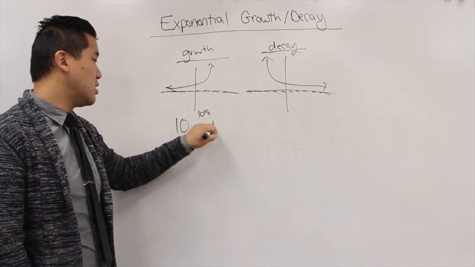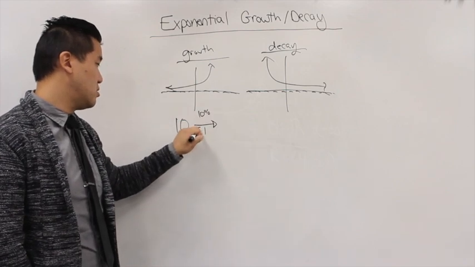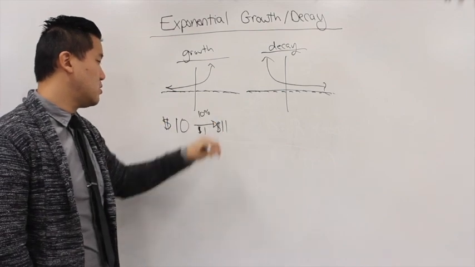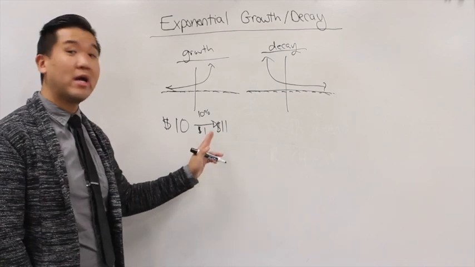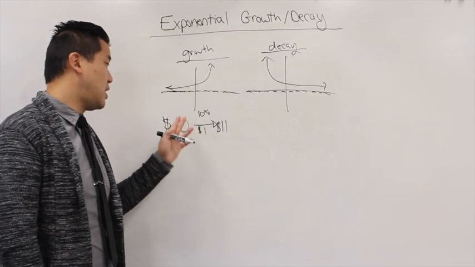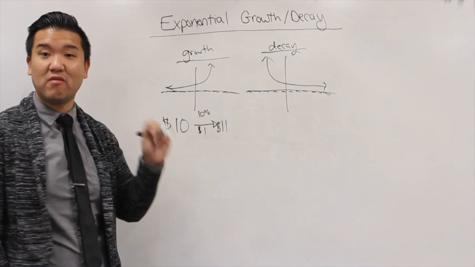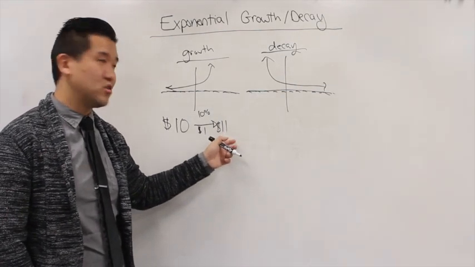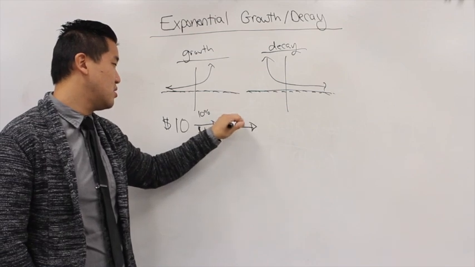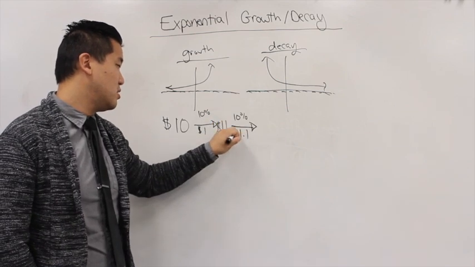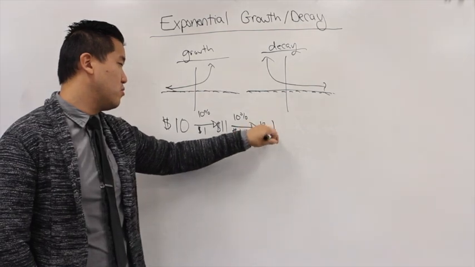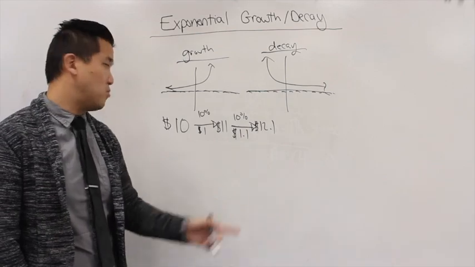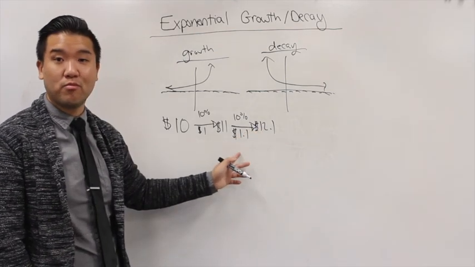So the following year, you make $1 and you have $11. But you don't take 10% of the $10 again, because we're leaving that money in there. So we're making money from this $11 now. We take 10% here, which is 1.1, so now we have $12.1.